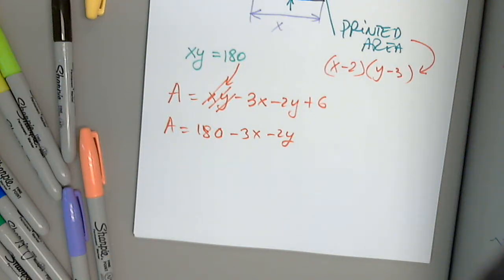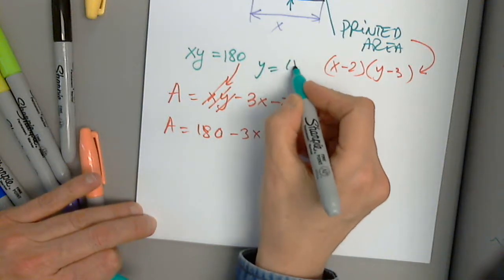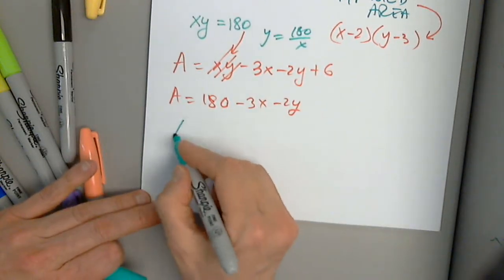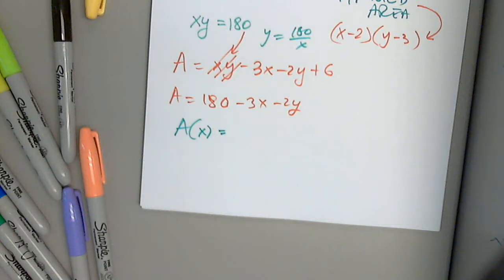Which variable do we want to get rid of and how? Okay, perfect. We want to get rid of y, so we have an equation that will enable us to do that. How much is y from there? 180 over x. So from here, y equals 180 over x. So then, finally, we have A of x.